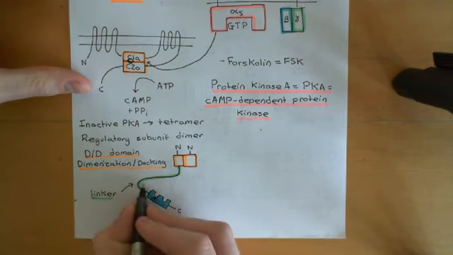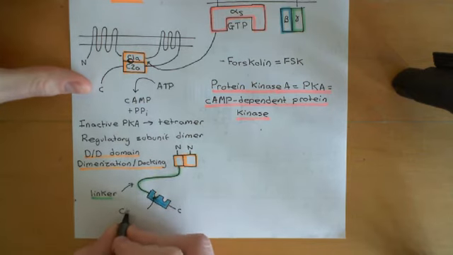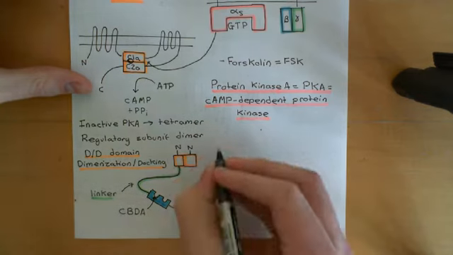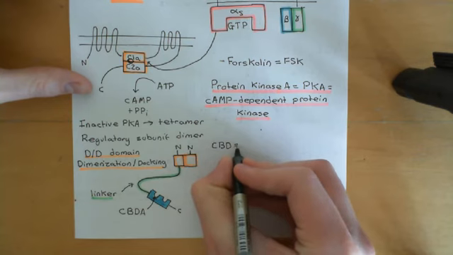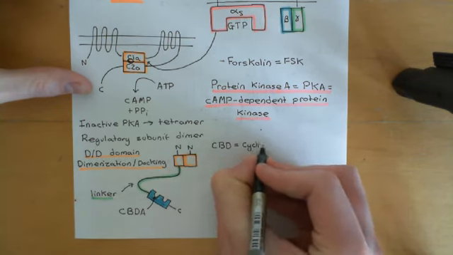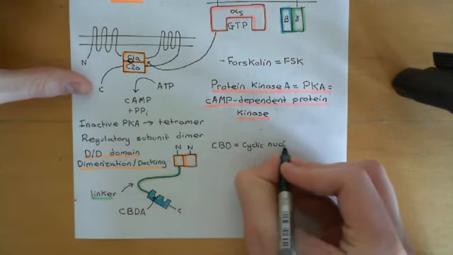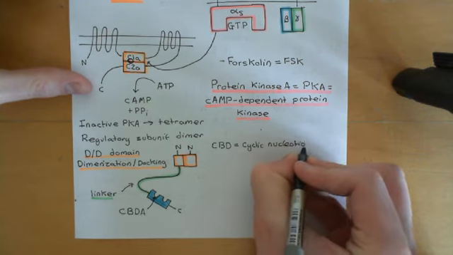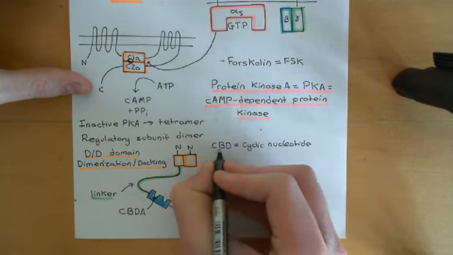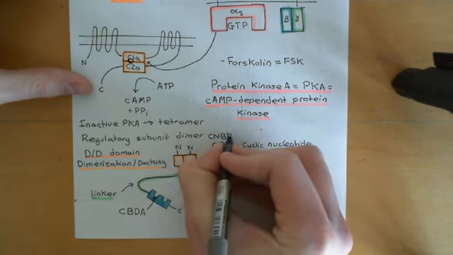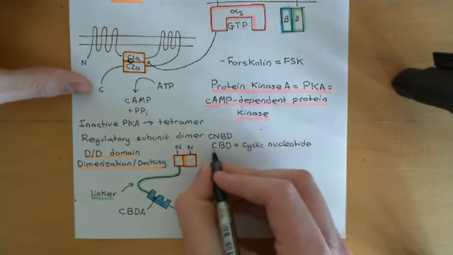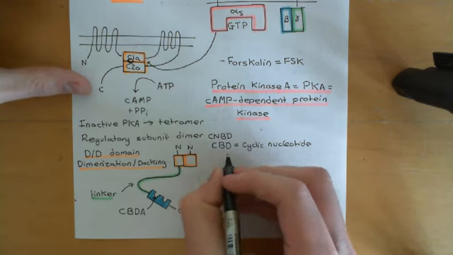The one that's closest to where the catalytic subunit is going to bind is known as the cyclic nucleotide binding domain A. CBD, I'll put this here, CBD stands for cyclic nucleotide binding domain. Some people will occasionally put an extra letter in and call it the CNBD, so that you've got the nucleotide there, but more commonly you see it just written CBD.